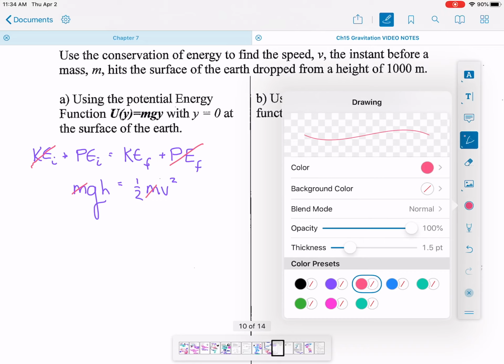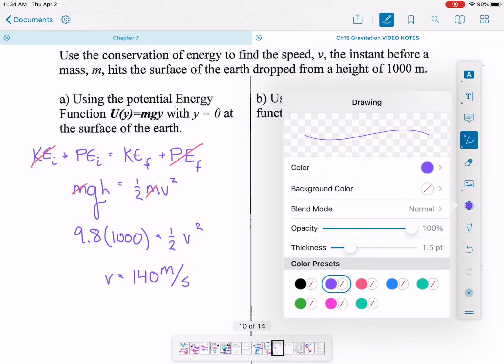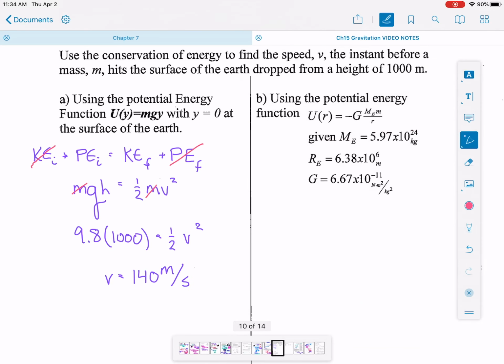So all we can say is that if we take 9.8 times 1,000, set that equal to 1/2 v squared, and solve for the speed, we are going to get 140 meters per second. Yay! Nice, straightforward.